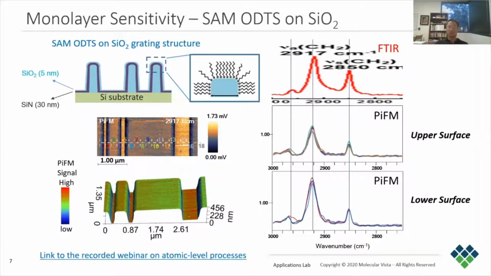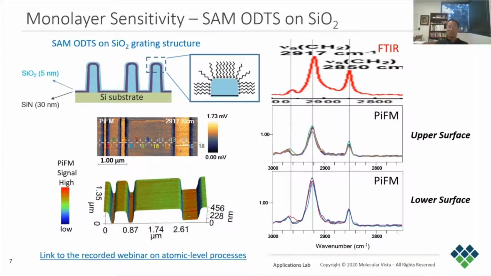The structure is coated with 30 nanometers of silicon nitride and 5 nanometers of silicon dioxide on top of which the SAM is formed. When we image the sample using the CH stretching mode at 2917 wave number, we see consistently stronger signal at the lower surfaces compared to the upper surfaces.